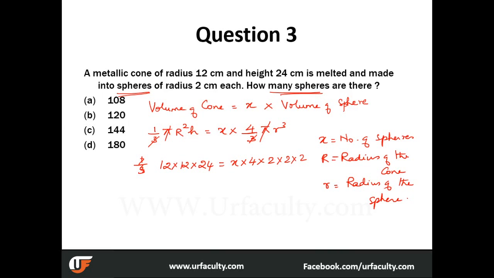So we now just need to cancel this. What do we do now? We'll start cancelling. You get 3. You have 4 3s, and get 12. So x is equal to 12 into 9, which is 108. That's your answer.